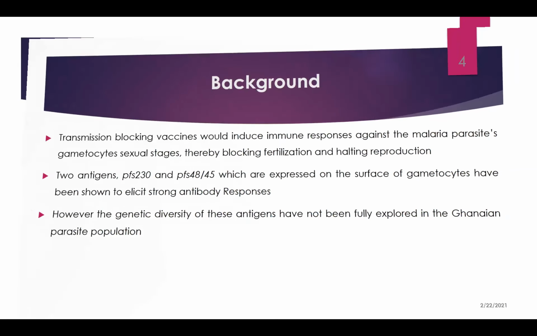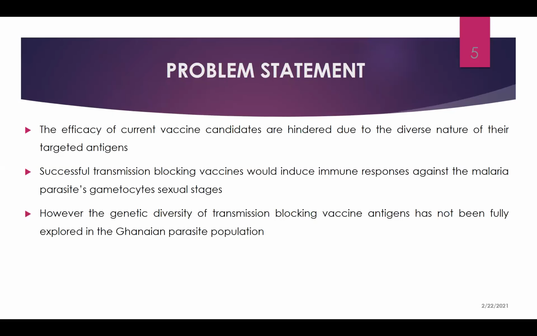So the problem is that the efficacy of current malaria vaccines is hindered due to the diverse nature of the targeted antigens. To have a successful transmission blocking vaccine, it will have to induce immune responses against the malaria parasites at the gametocyte stage.